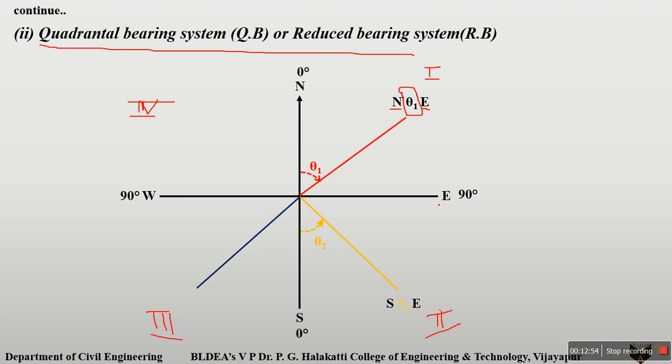Similarly, the third one is present in the third quadrant. In the third quadrant it is in between south and west. It is measured from the reference line, the south direction, towards this line or towards the west.